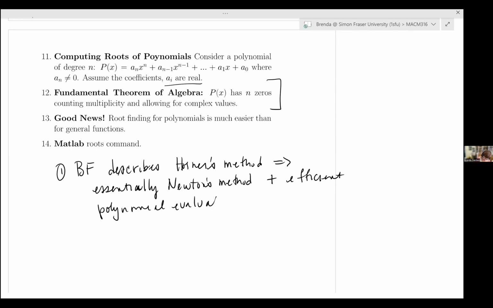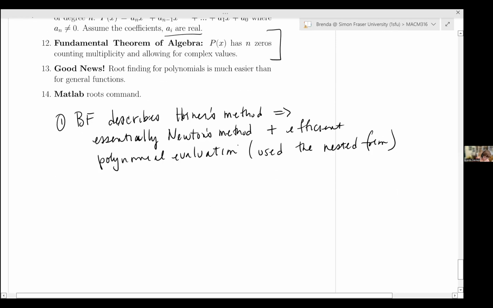And what is efficient polynomial evaluation? That's using the nested form. We've seen this before. So you do the minimum number of computations to evaluate the polynomial. That's the Horner method.